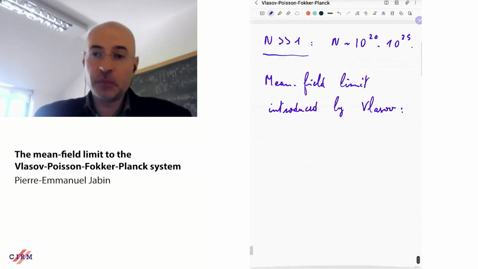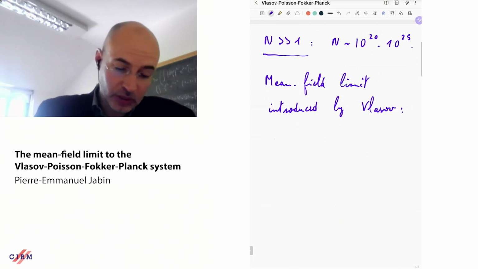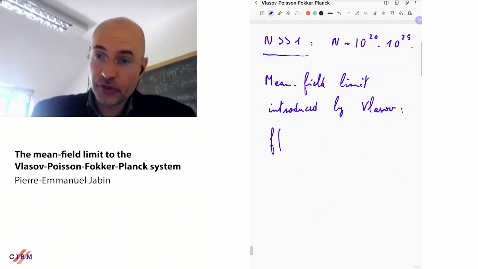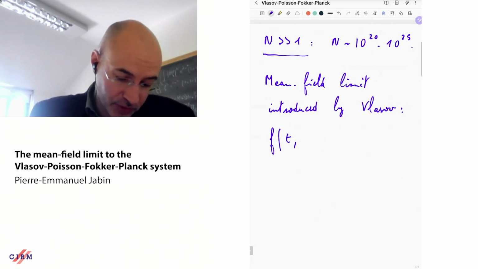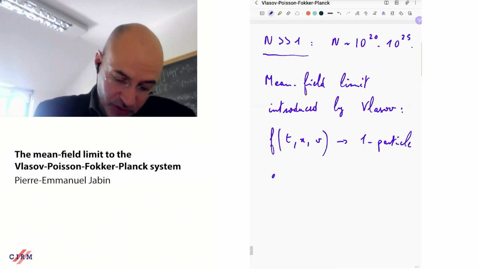And the mean field limit now consists in writing a statistical formulation of the distribution of particles. And because you need their position and their velocity, the minimum statistical information that you're going to require is the one particle distribution, which I'm going to denote F, right? So it's an F of t, x, v, which is the one particle distribution at time t.